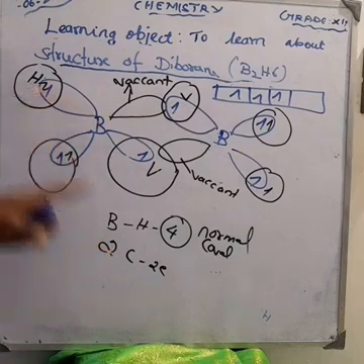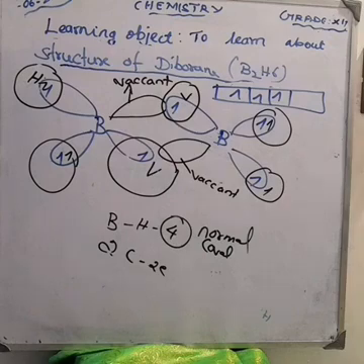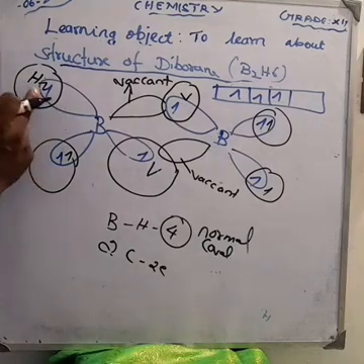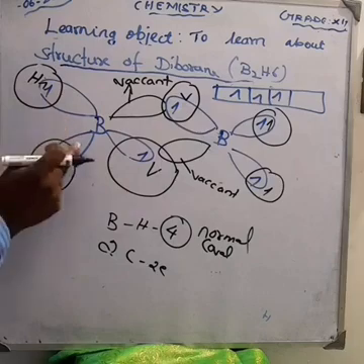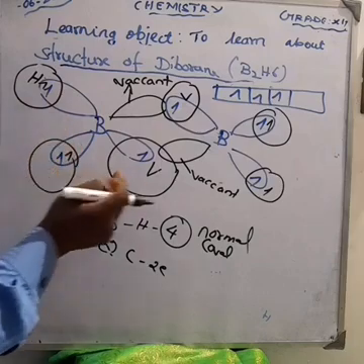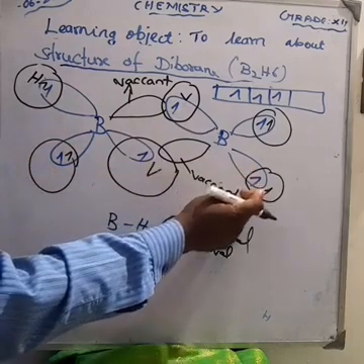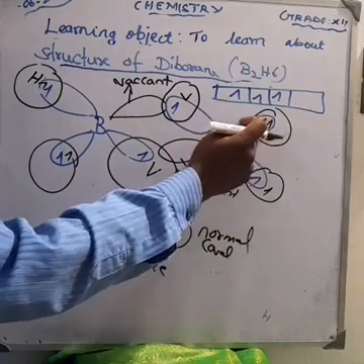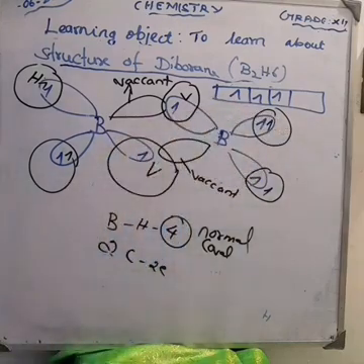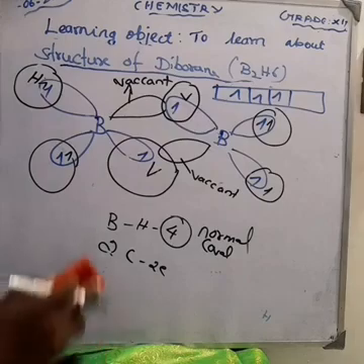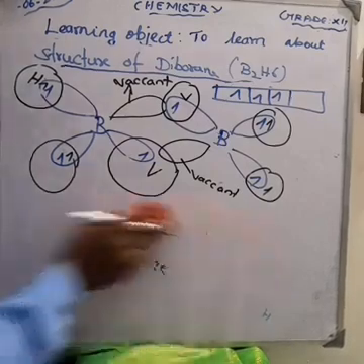So 2C means 2 center, and 2E means 2 electron bond. Here 2 center, 2 electron; here 2 center, 2 electron; here 2 center, 2 electron; here 2 center, 2 electrons. Can you understand, my dear children?